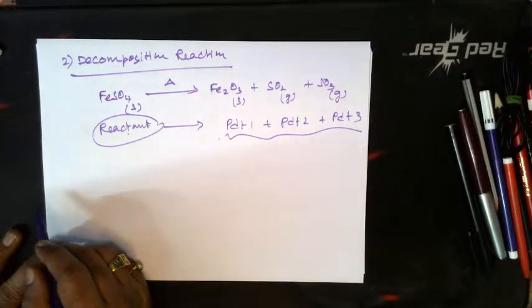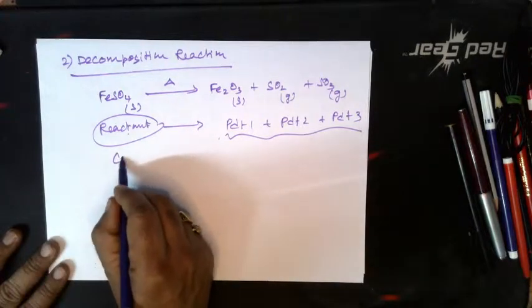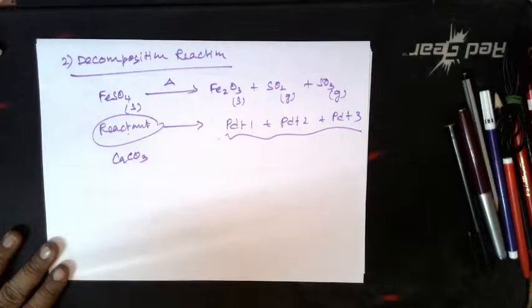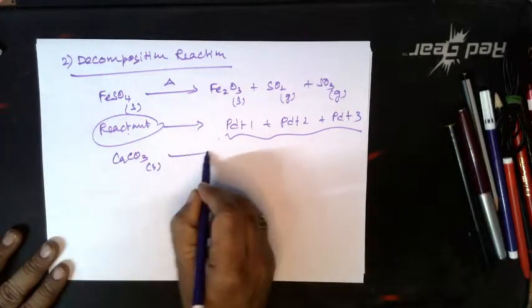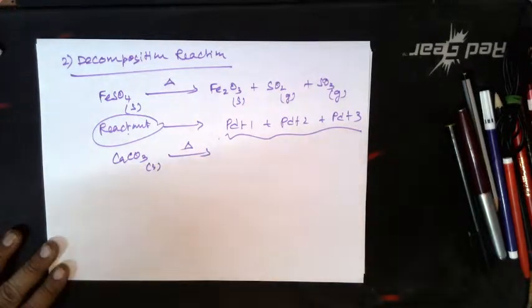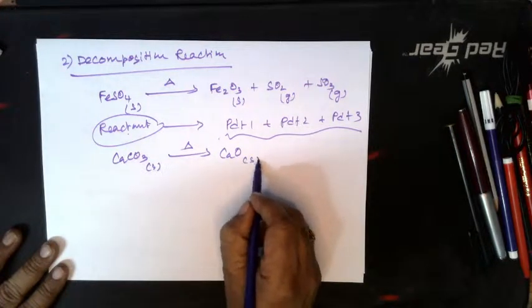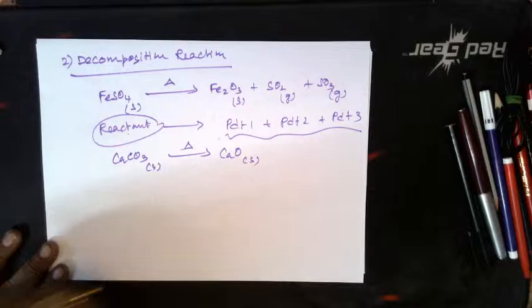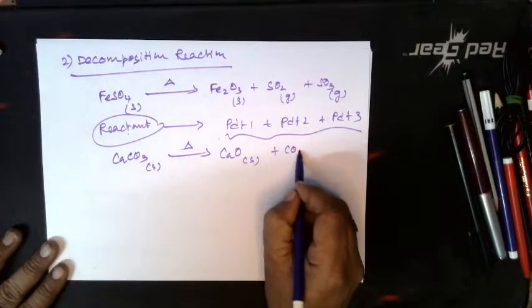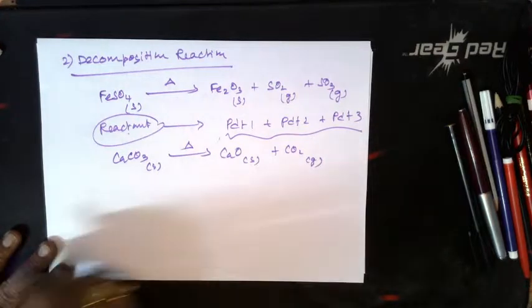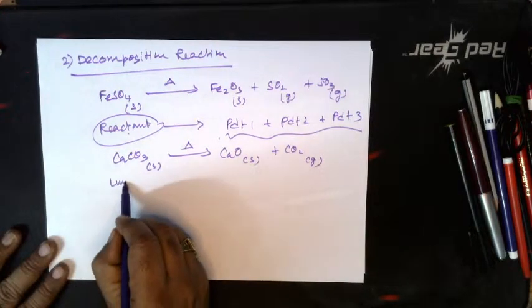I can cite another example, calcite, calcium carbonate. Calcium carbonate is a solid. When it is heated, you are able to get quicklime, that is calcium oxide as a solid, and carbon dioxide as gas. So this is known as limestone.